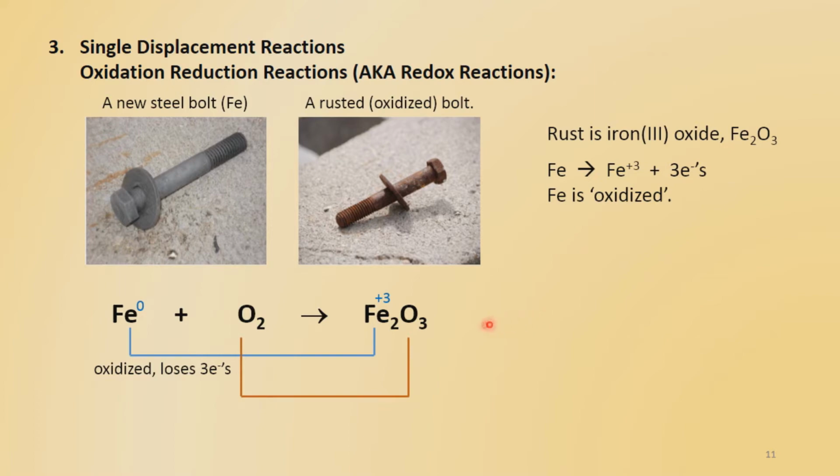Let's look at oxygen. What's happening to it in the process? This element has an oxidation state or charge of 0, but the oxygen in iron 3 oxide is not oxygen. It's actually oxide with a charge of -2. So what's happened to oxygen? Well, it must have gained 2 electrons to gain 2 negative charges, and a gain of electrons is referred to as reduction.